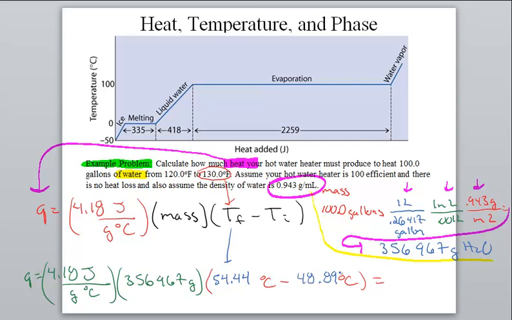But after doing our calculation, how much energy, what would the heat flow have to be to heat 100 gallons 10 degrees Fahrenheit? And it's a little more than 8 million joules, 8,281,279 joules. And just to give you some sort of perspective, what does that mean, 8 million joules?